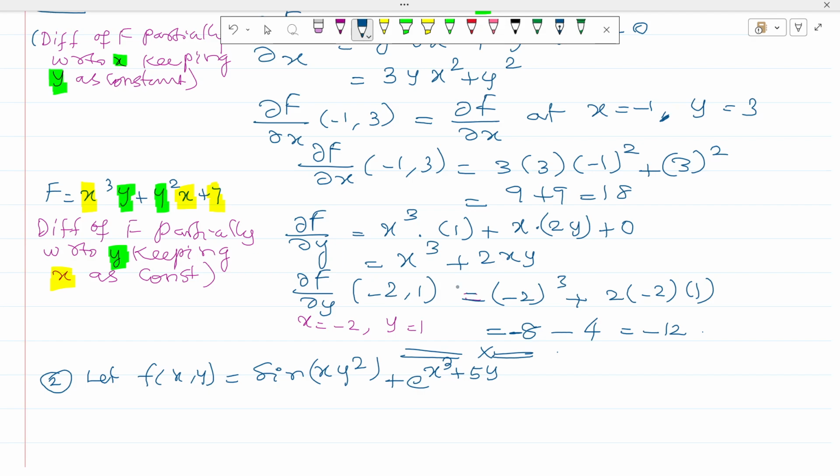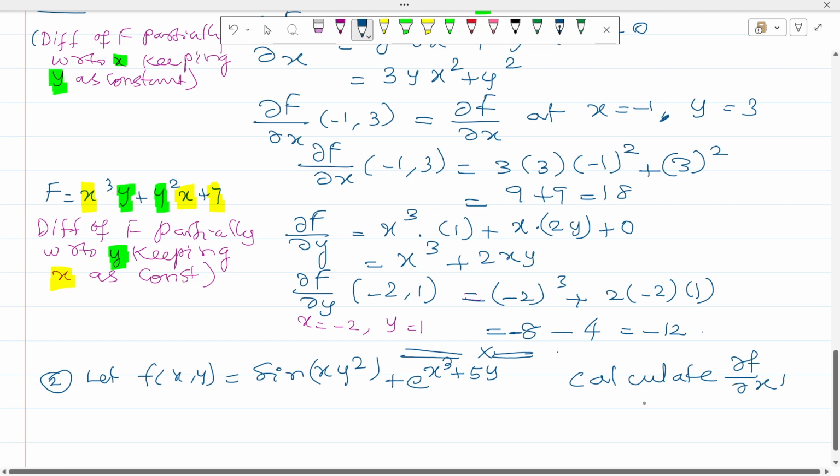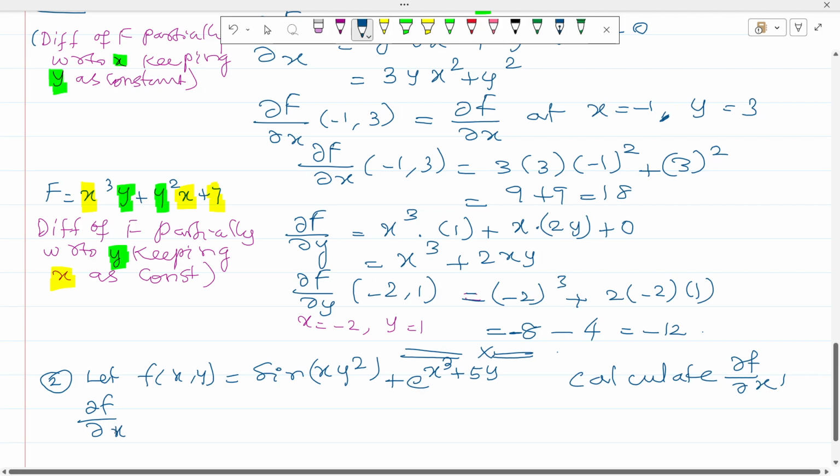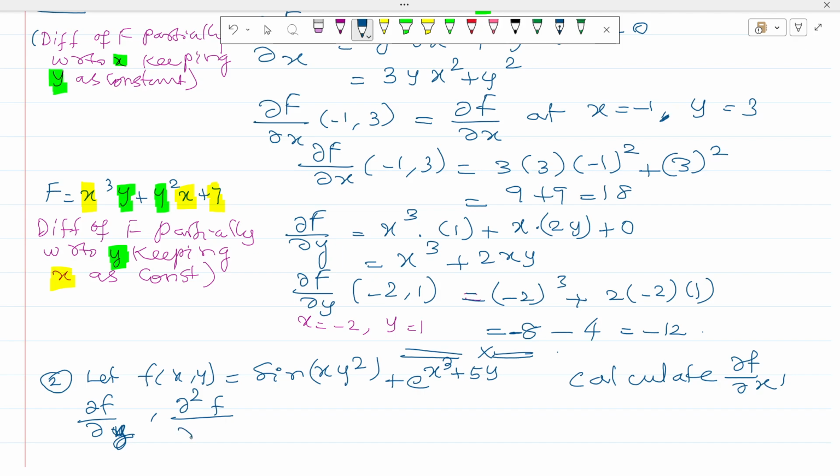Calculate dou f by dou x, dou f by dou y, dou square f by dou y dou x, and dou square f by dou x dou y.